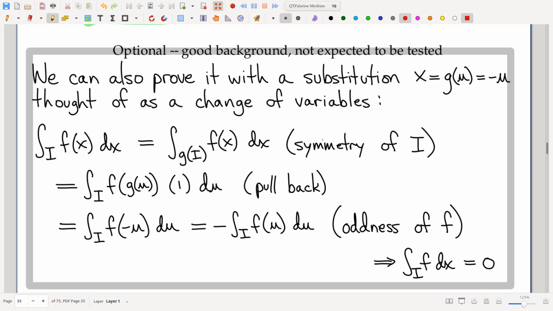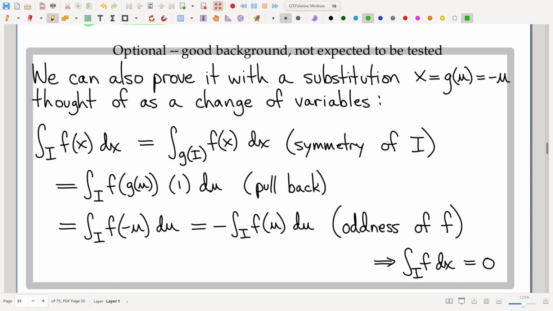All I'm going to do is use x equals minus u. Said differently, my change of variables function, g of u, is negative u, a reflection over the origin. I'm going to use that as my change of variables, and check it out, everything just kind of falls apart because, by assumption, our domain is its own reflection, since it's given to be a symmetric domain.